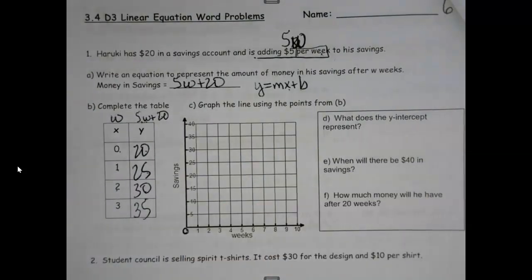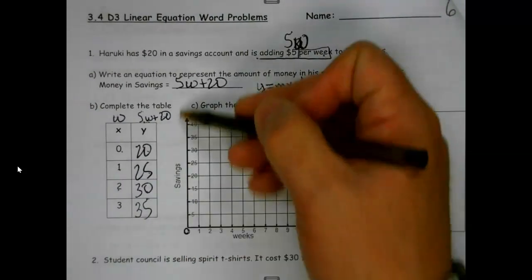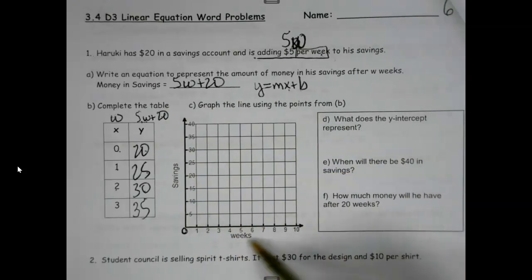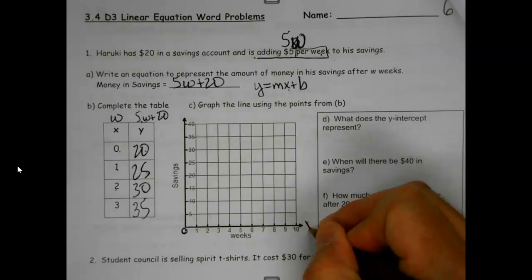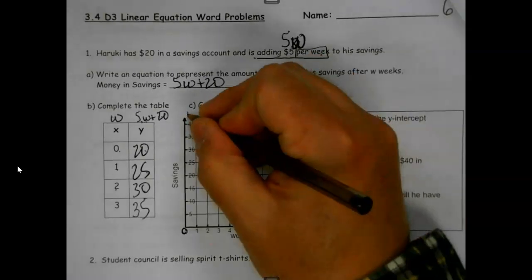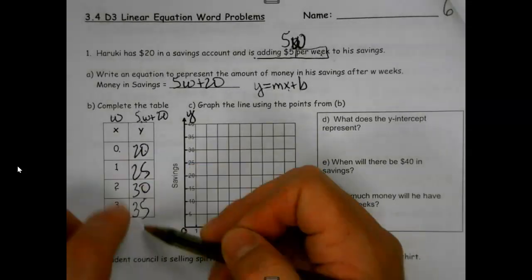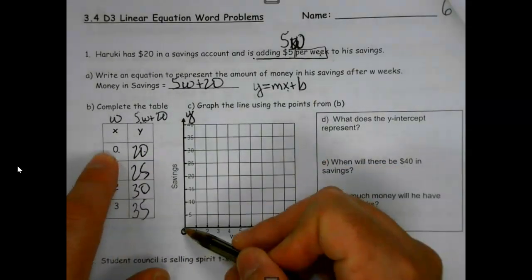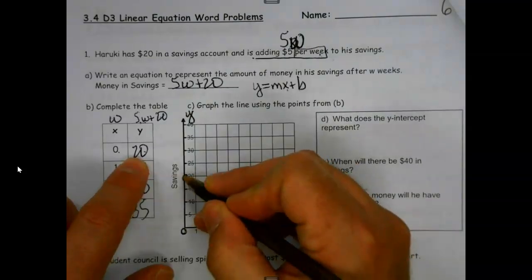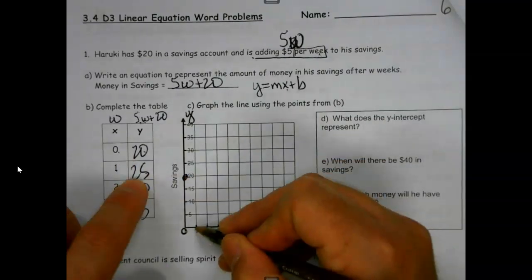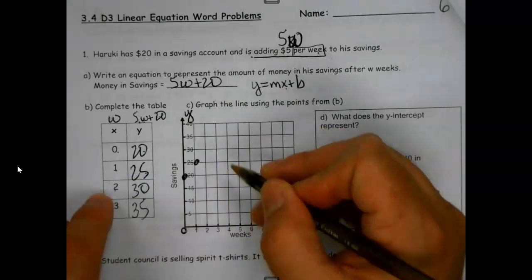And so fortunately for us, there's already a grid made. Savings, weeks, everything here on our X and Y axis. So again, just in case, never hurts to label. These are all coordinate points. So it just means my X is 0, my Y is 20. My X is 1, my Y is 25.